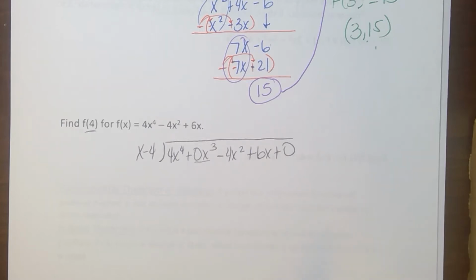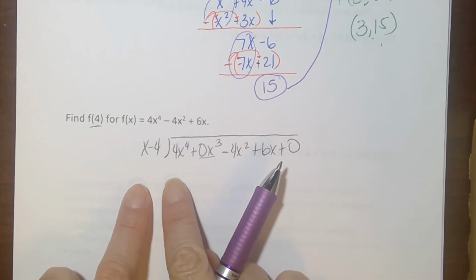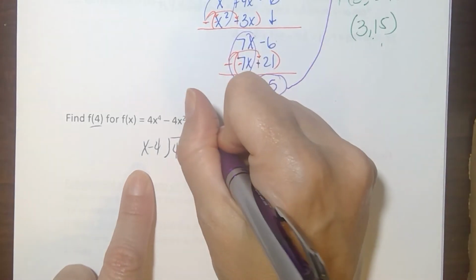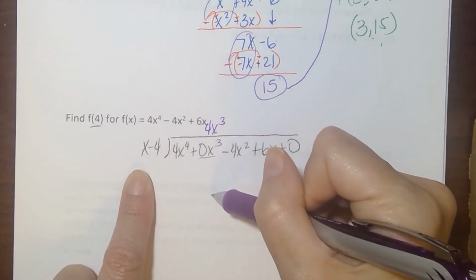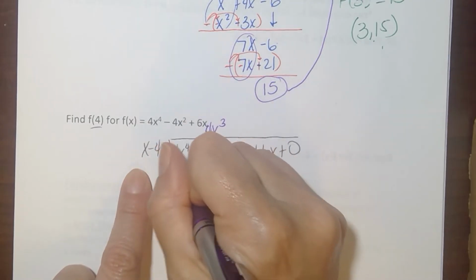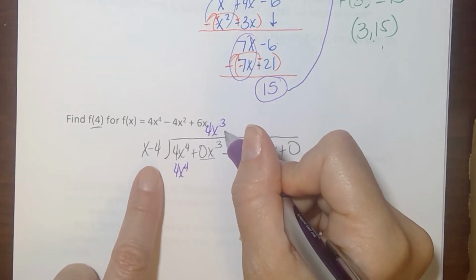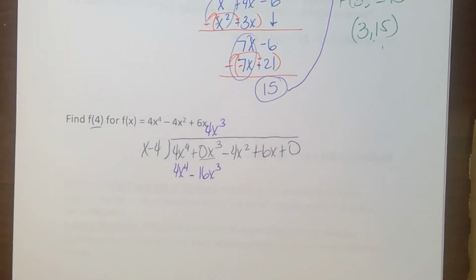Let's do our division. Asking our question, what times x gives me 4x to the 4th? Well, 4x cubed, so that goes in that cubed column. Look there, that's why we needed that placeholder. Then I multiply. 4x cubed times x is 4x to the 4th. Those match. 4x cubed times negative 4 is a negative 16x cubed.